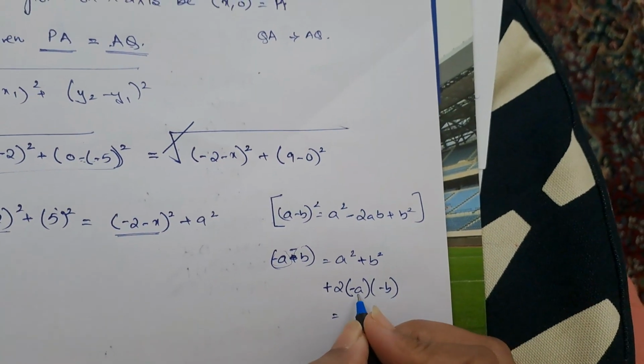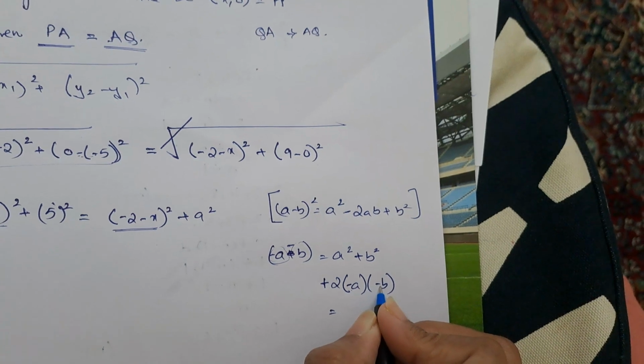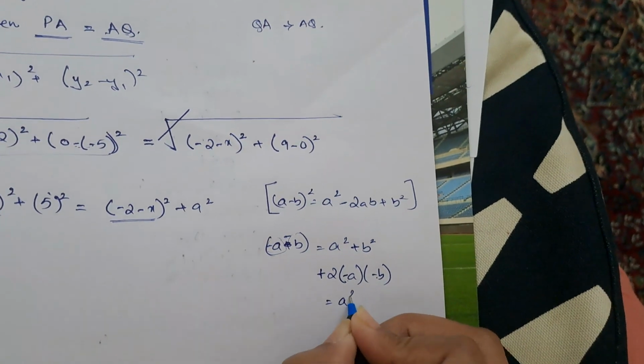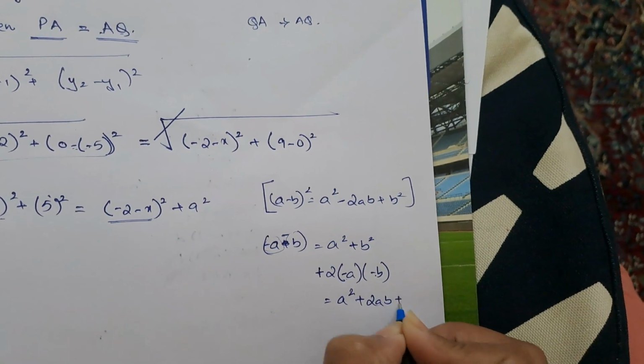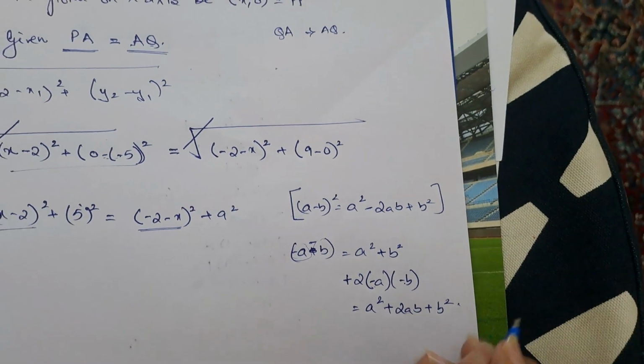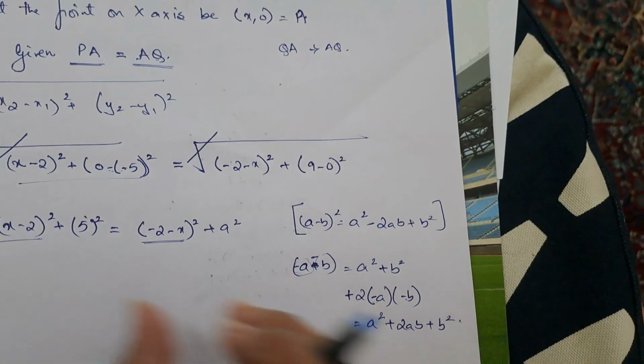It's actually plus 2ab, so minus a minus b, how much is it going to be? It is going to come as a square plus 2ab plus b square is what I get in here. So let me expand it.